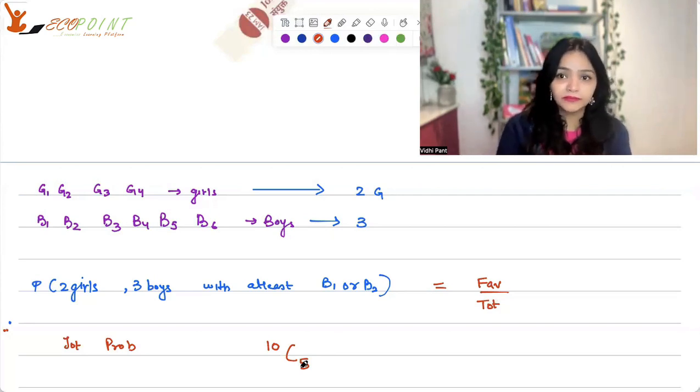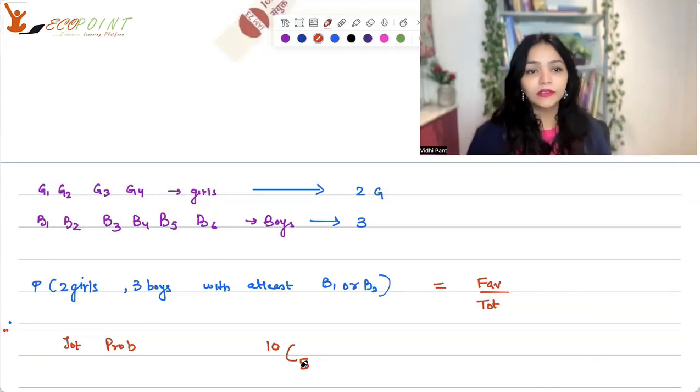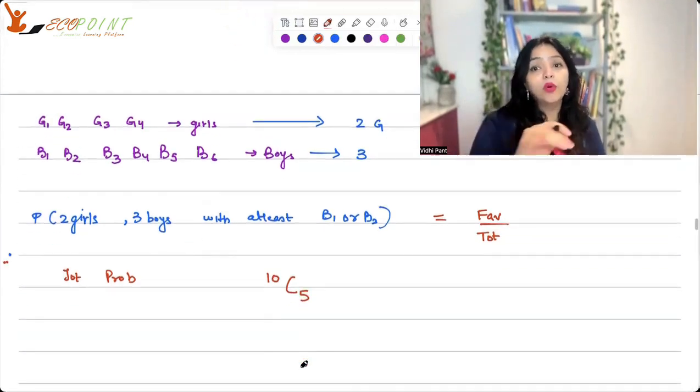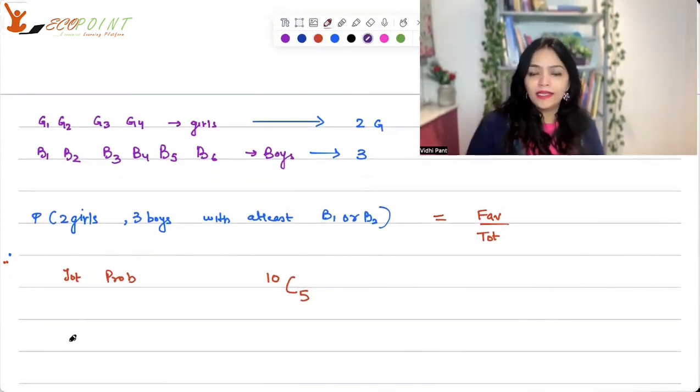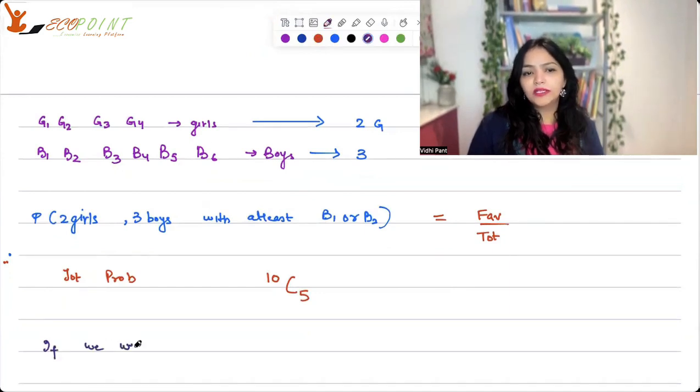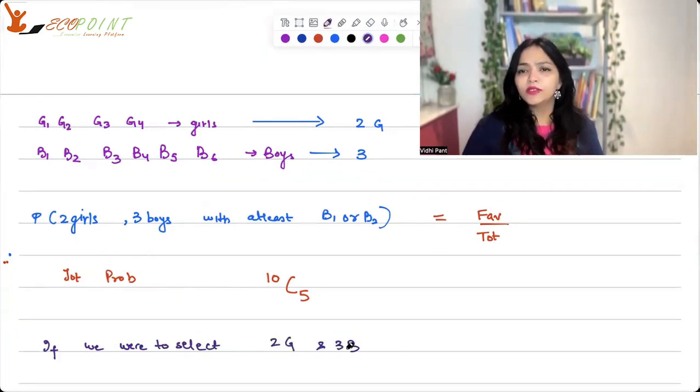But in our favorable case, what do we want? We want that 2 girls should be there, and in boys we want that at least B1 or B2 should be there. If we were to select 2 girls and 3 boys without any condition, it would have been the case of 4C2 ways into 6C3 ways.